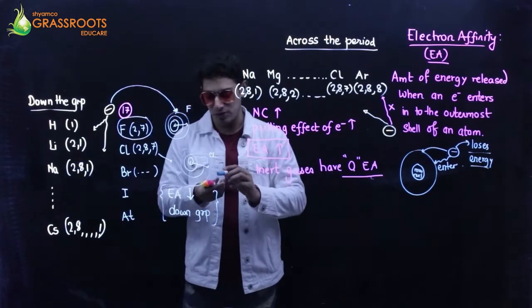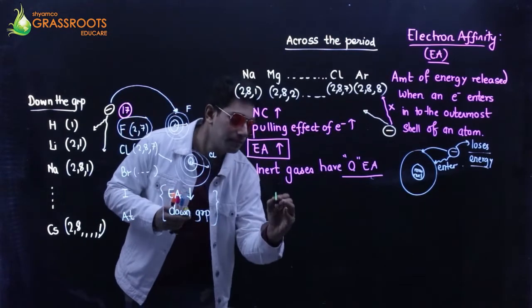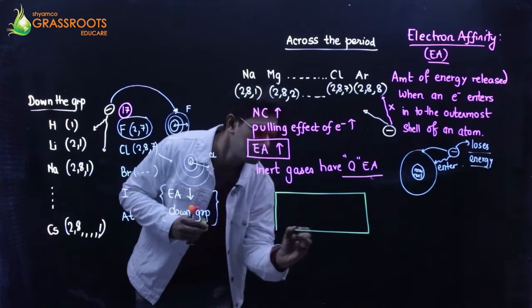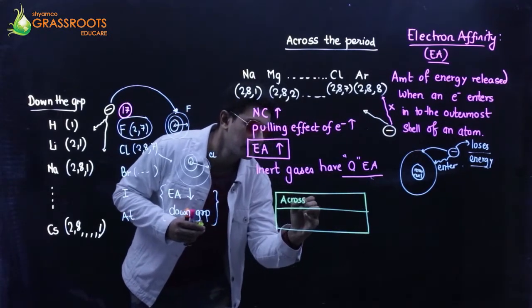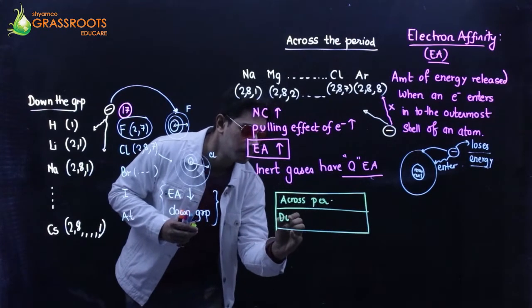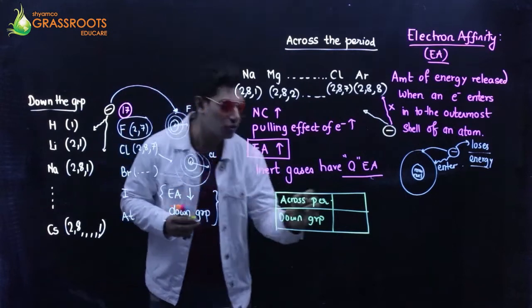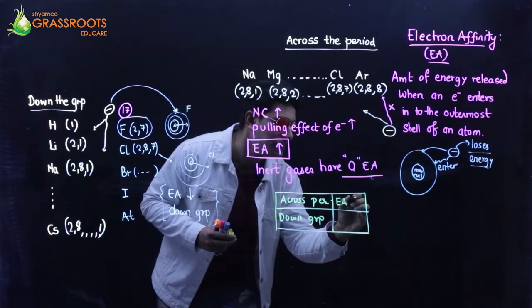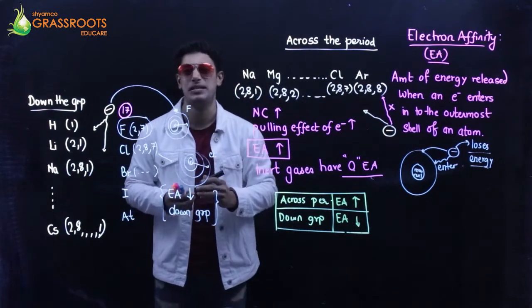So if I now summarize, it goes this way. Across the period, the electron affinity increases and down the group, the electron affinity decreases.